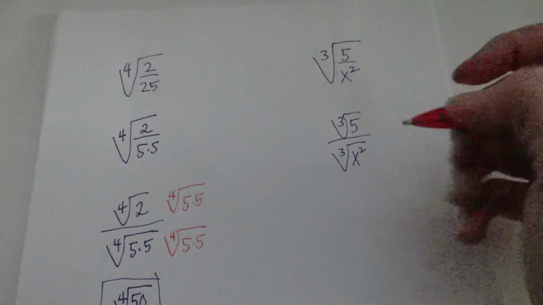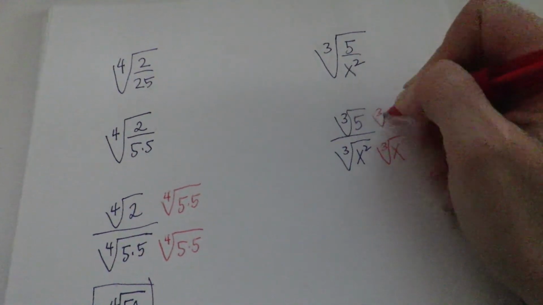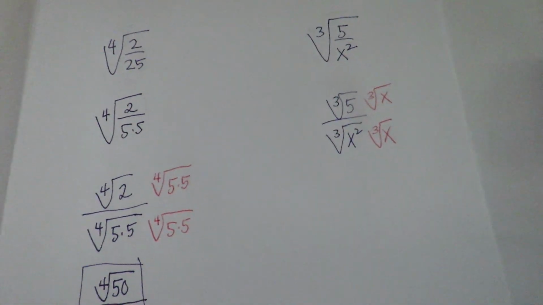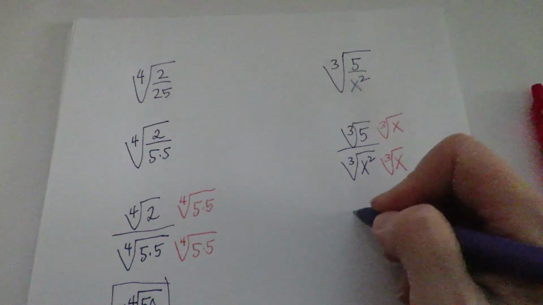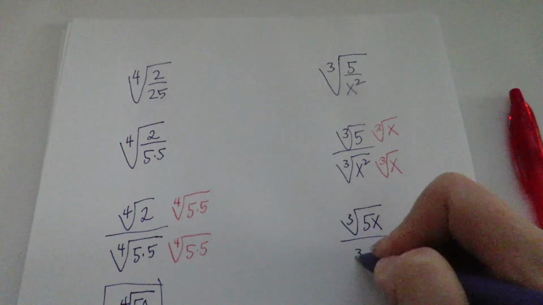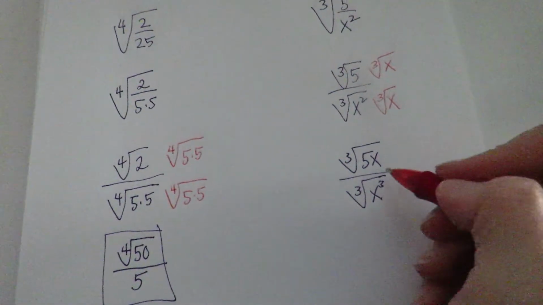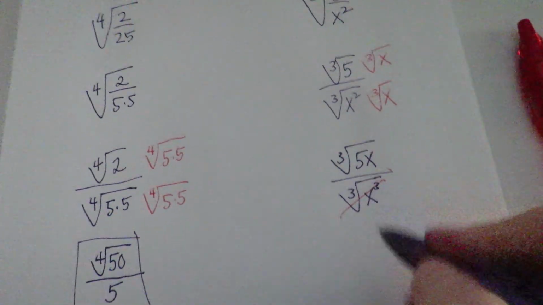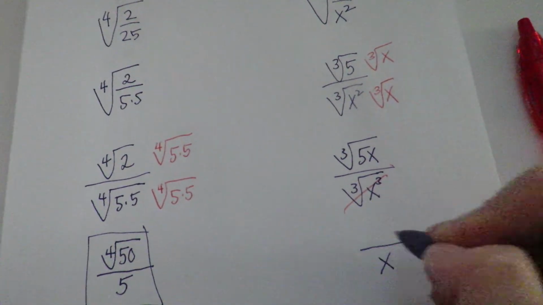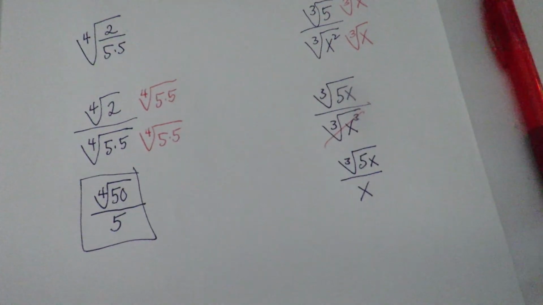So how many more do we need? We just need 1 more so that we have 3 x's in the bottom. So once you have 3 x's in the bottom, you can take 1 out. And you get that.